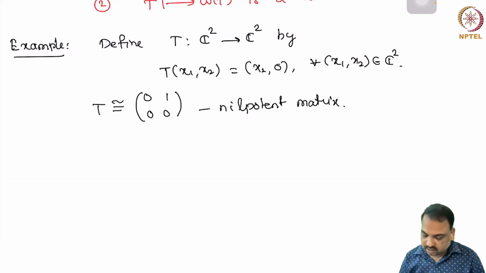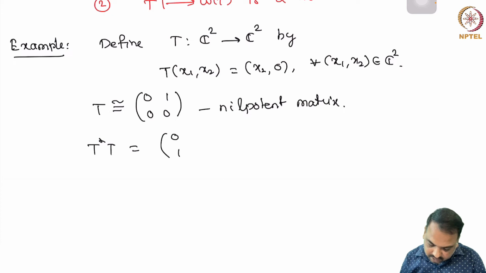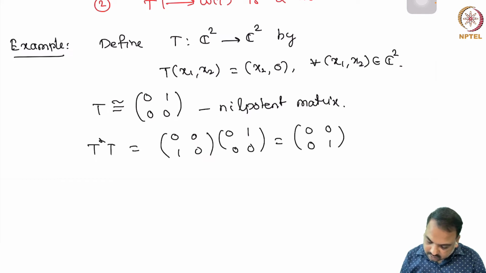We show that the numerical radius of T is less than or equal to 1/2, and the norm of T we can easily find by looking at T star T. So this is [[0, 1], [0, 0]] transposed times [[0, 1], [0, 0]], so you will get [[0, 0], [0, 1]].